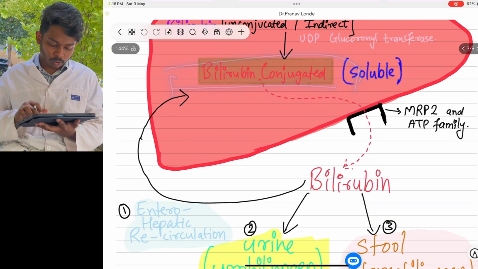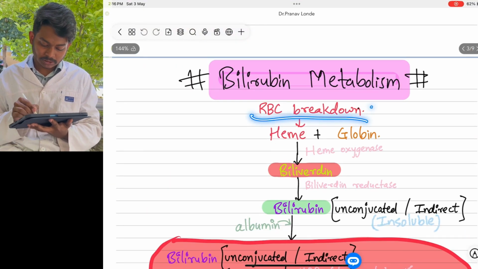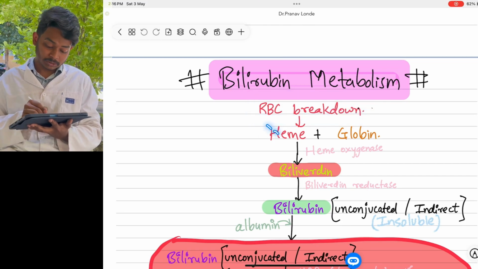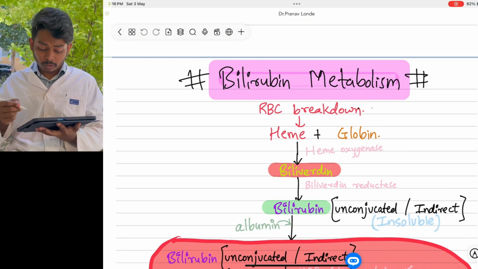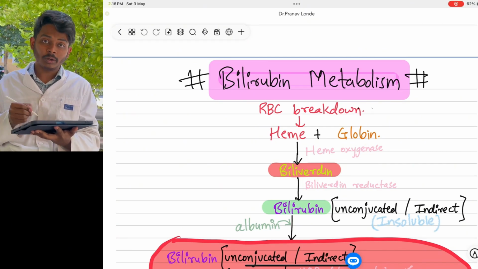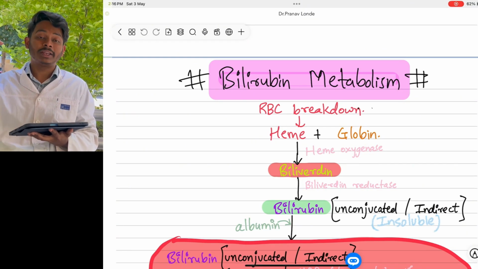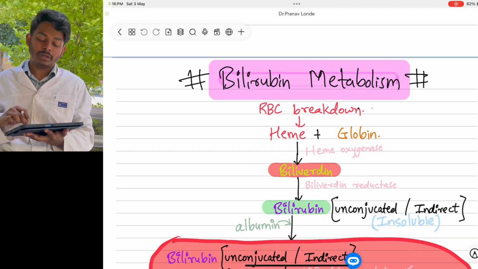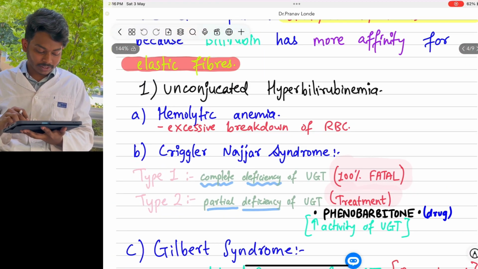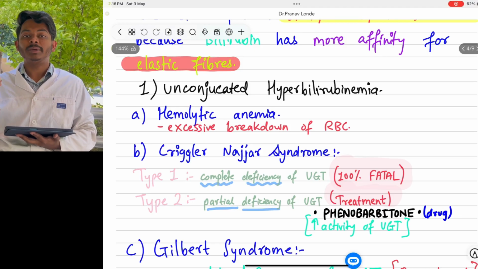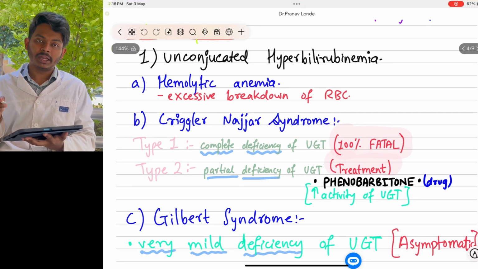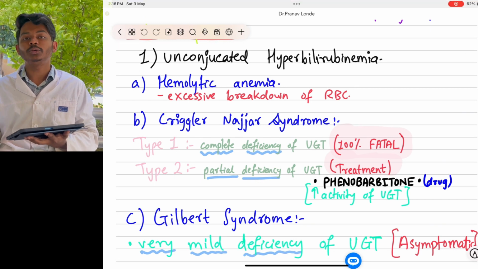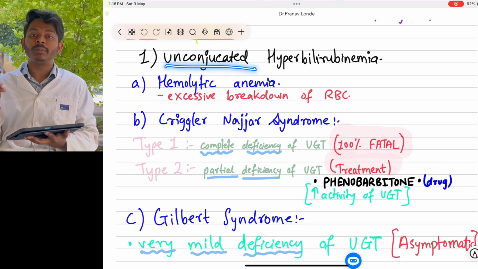More RBC breakdown means more hemoglobin will be released, and more hemoglobin means more bilirubin. The bilirubin level increases and it gets stored in our liver. So the bilirubin level gets increased, which is called hyperbilirubinemia of the unconjugated type. So first is hemolytic anemia, excessive breakdown of RBC, due to which the unconjugated bilirubin level rises.